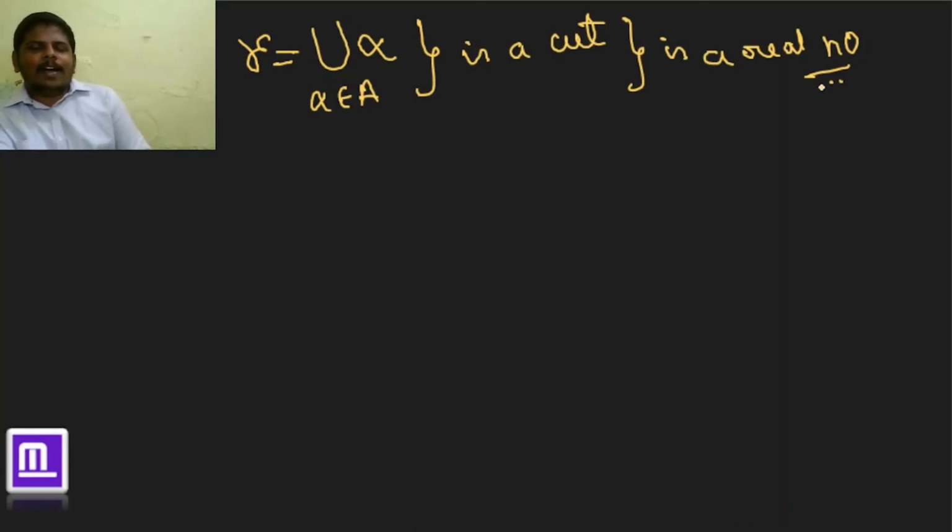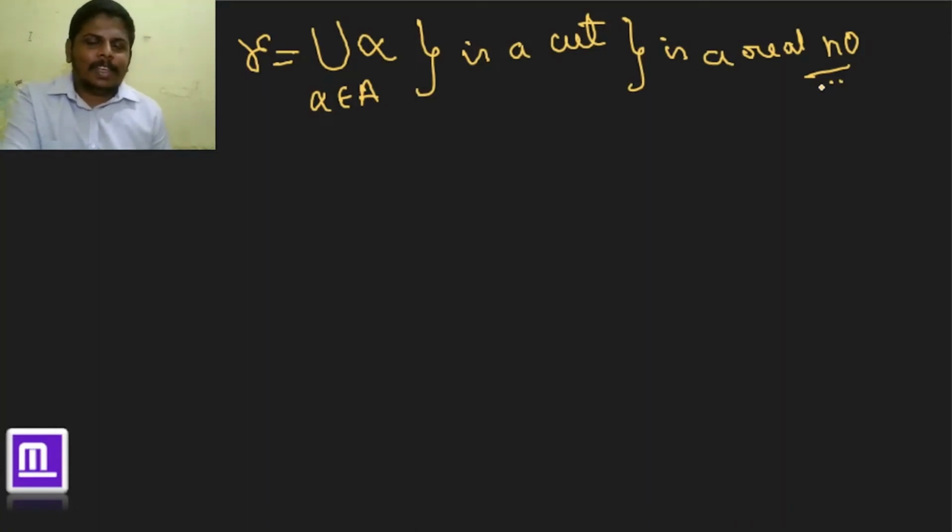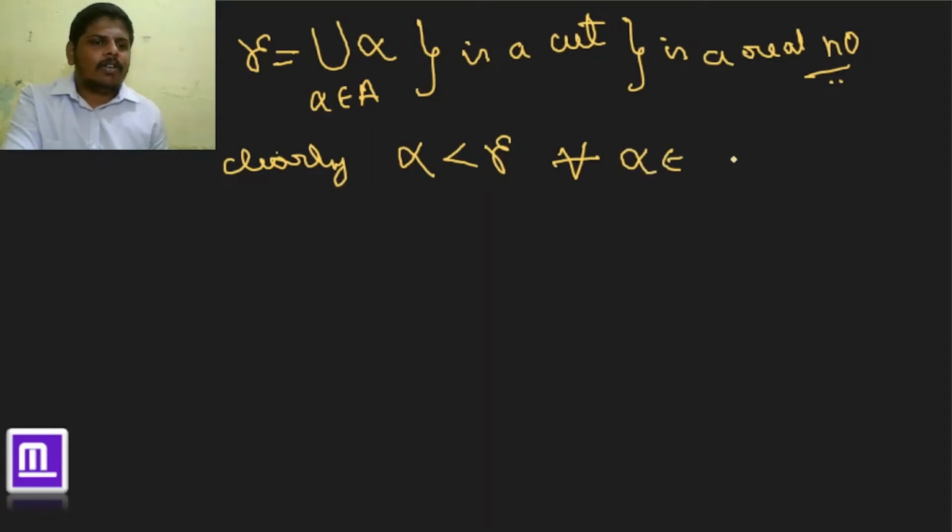Now it is again very simple. See, every alpha contributes to this union, right? So clearly every alpha is a subset of its union. This is true for all the alphas in A. What does this statement say?